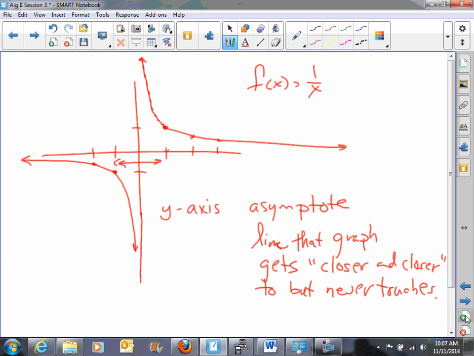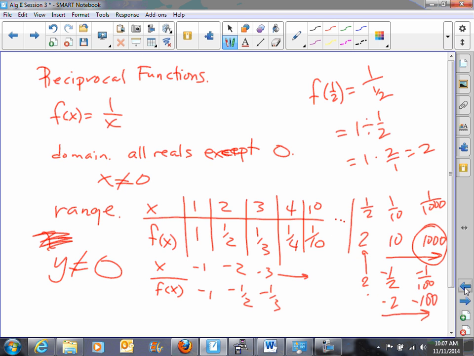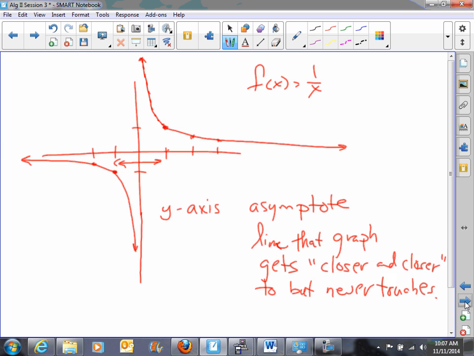Now, also, if you'll notice, if we go back to the x values and the y values, as x is getting larger and larger, or as it's getting larger and larger negatively, the y values are getting closer and closer to 0. Now, if you look at the graph, notice here that as the graph goes farther and farther out, it gets very, very close to the x-axis here, and also it'll get very, very close to the x-axis over here.